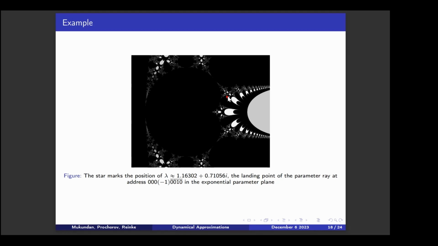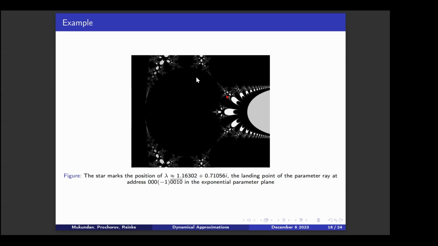I've marked a specific point as a star, which is approximately 1.16302 plus 0.71i. And this point is postsingularly finite. In fact, there is a single critical value, it jumps 4 steps and then it jumps into a 4-cycle. So it has pre-period 4 and period 4.